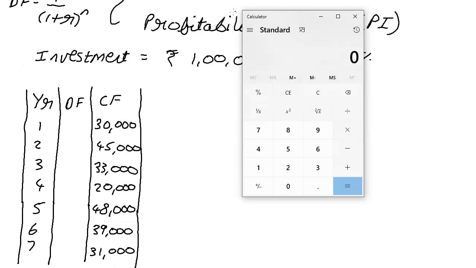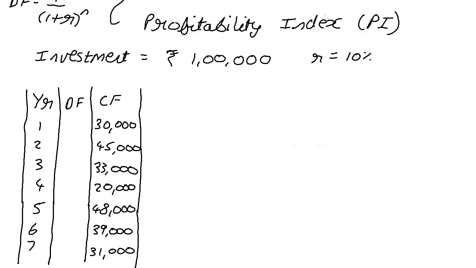We have 10% in our question. So the discount factor is equal to 1 upon 1 plus R, where R is 10%. Keep in mind, 10% is as good as saying 10 upon 100, which on the calculator gives you 0.1.